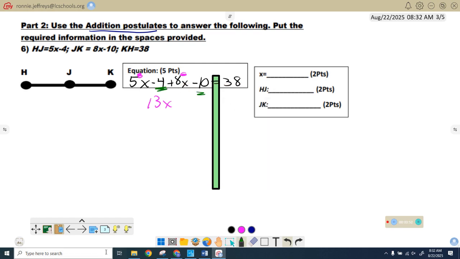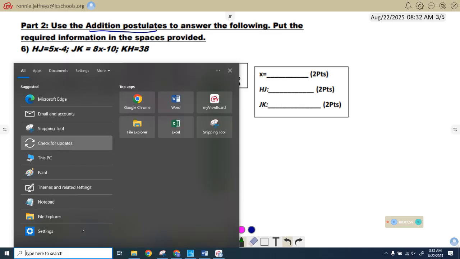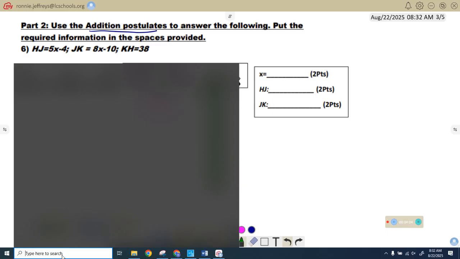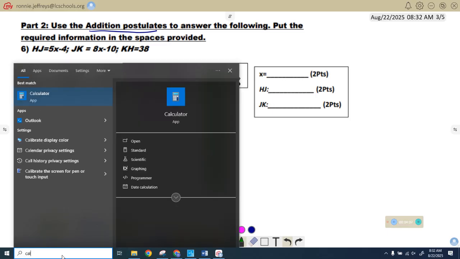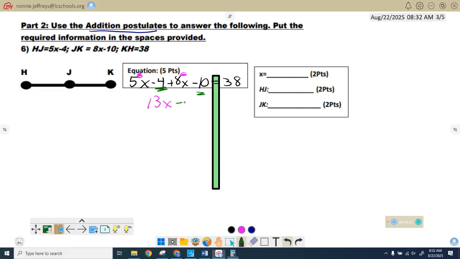Negative 4 minus 10. All right, this is negative 14.